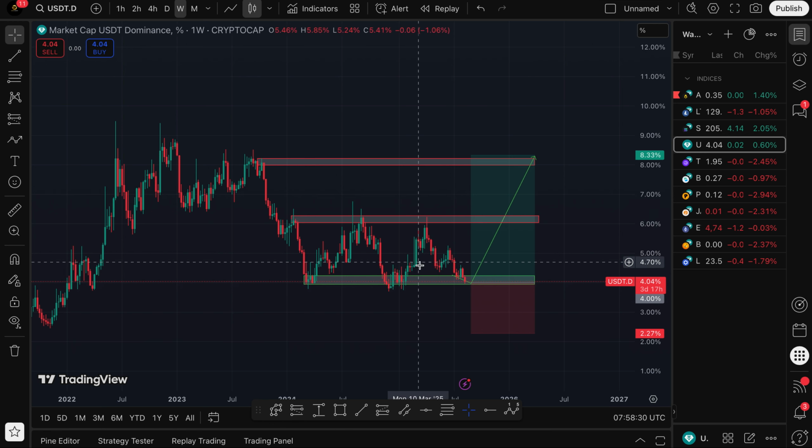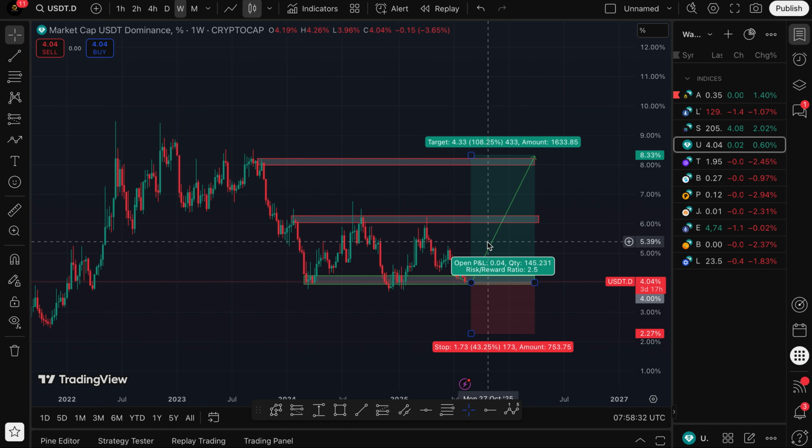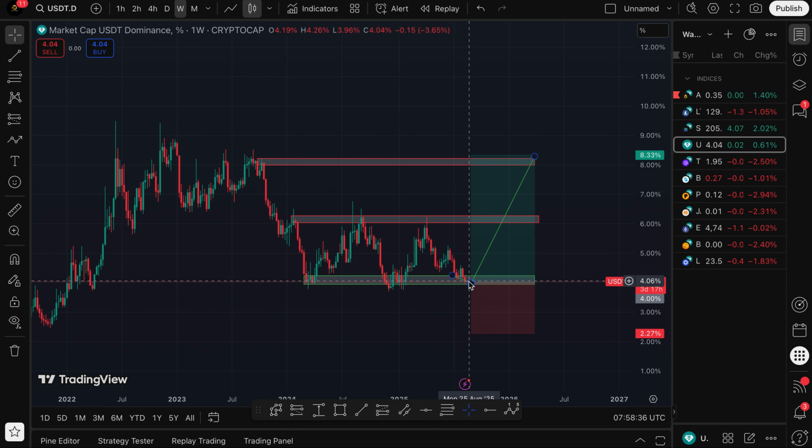Let's say right now, if people start to buy here on USDT.D, it simply means that people are interested in buying and holding USDT. Buying and holding USDT simply means that they are selling off their other crypto assets like Bitcoin and other altcoins. If that is happening, those coins will be dumping while USDT.D is gaining strength, that is, pumping up like this.